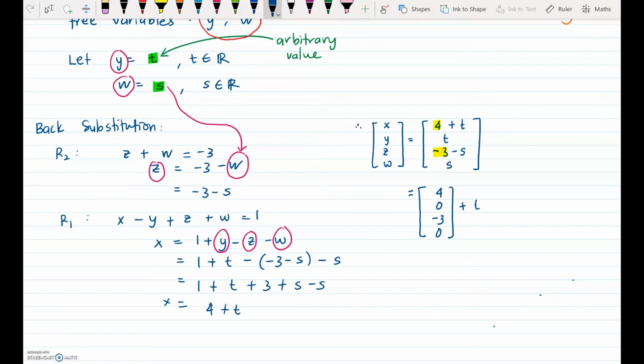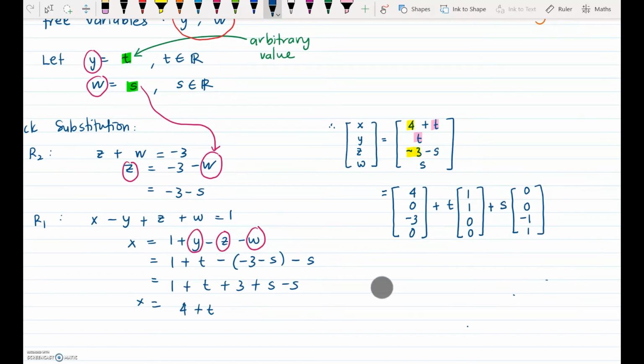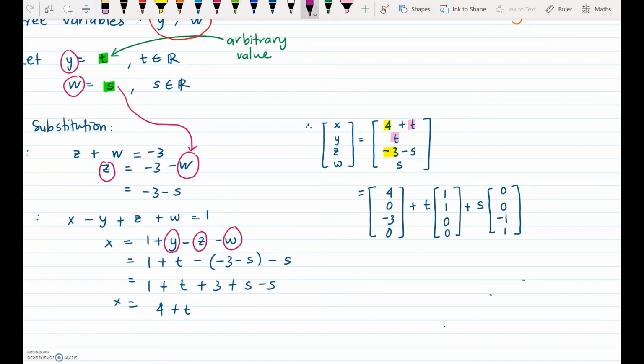Plus, for t, the coefficients are 1, 1, 0, 0. And for s, it will be 0, 0, -1 and 1. So this is your linear combination.